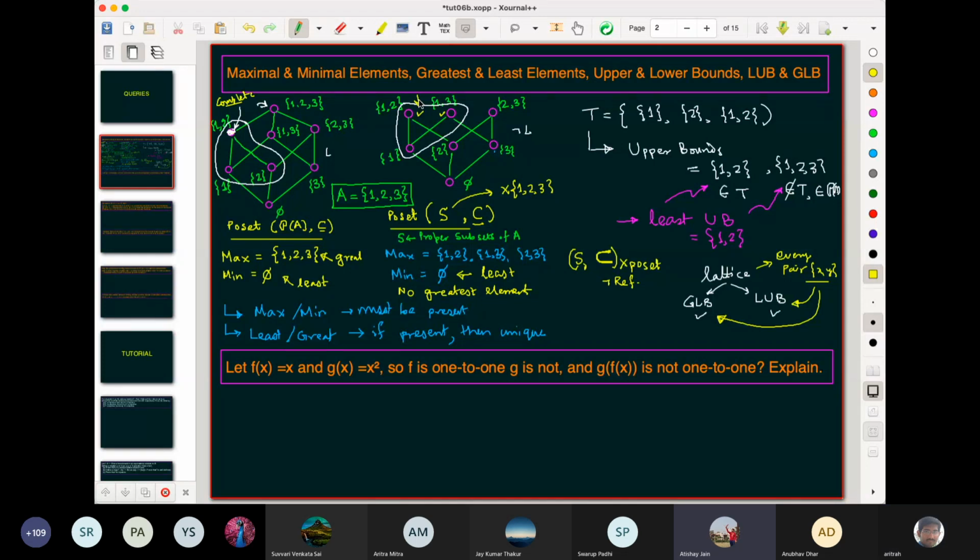Yes, sir. Okay. So if a poset has a greatest element and a least element, can we say that it will be a lattice, because these two cover everything, like the greatest and the least? Yeah, these two cover everything. Yes, in that case, you may say that.